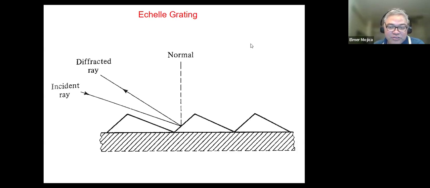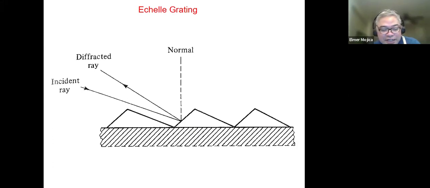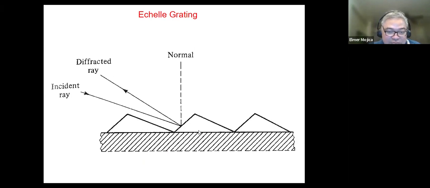Echelle gratings are coarse gratings, typically 100 to 400 groups per millimeter. The steep side of the groove is employed so as to achieve large diffraction angles, so they are typically used in very high orders.